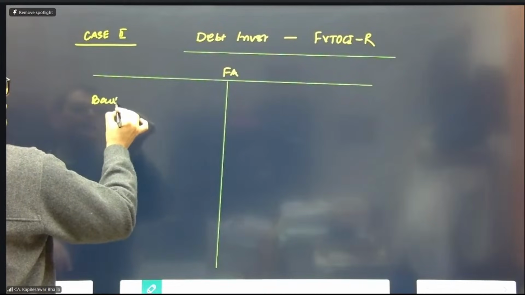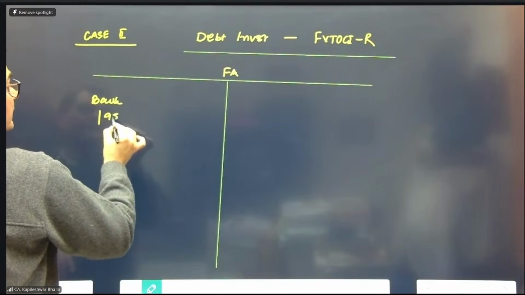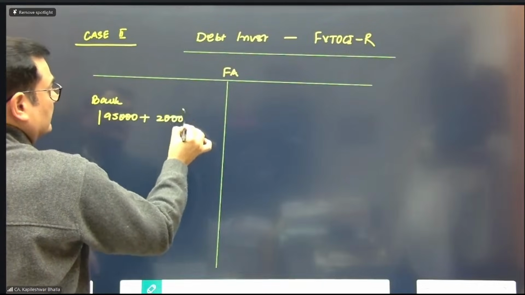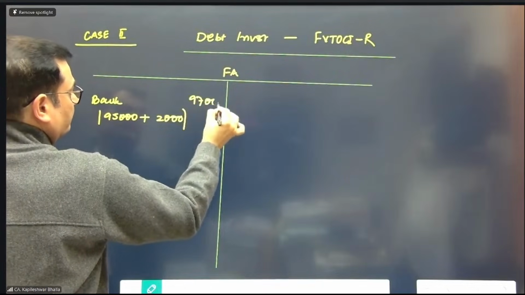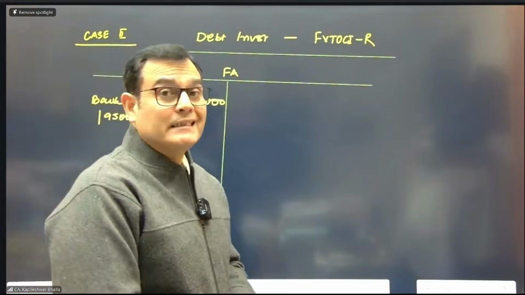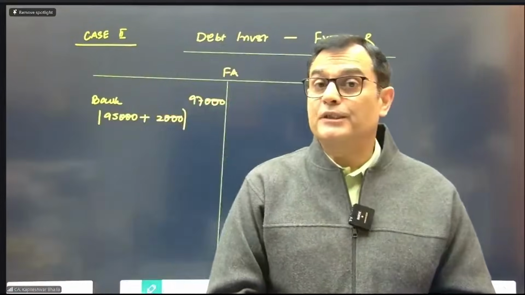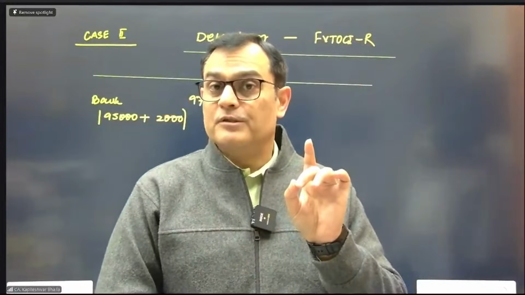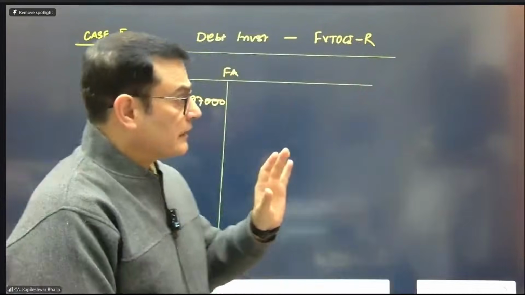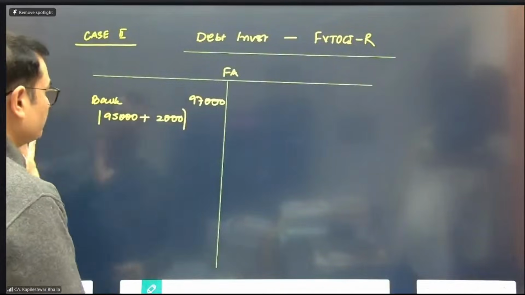The initial recognition again is going to be at the same figure. You made an investment of 95 plus a TC, that's 97. So one thing which is common here is that the TC gets added to the initial recognition. In terms of AC as well as OCI, the TC gets added to the initial recognition.